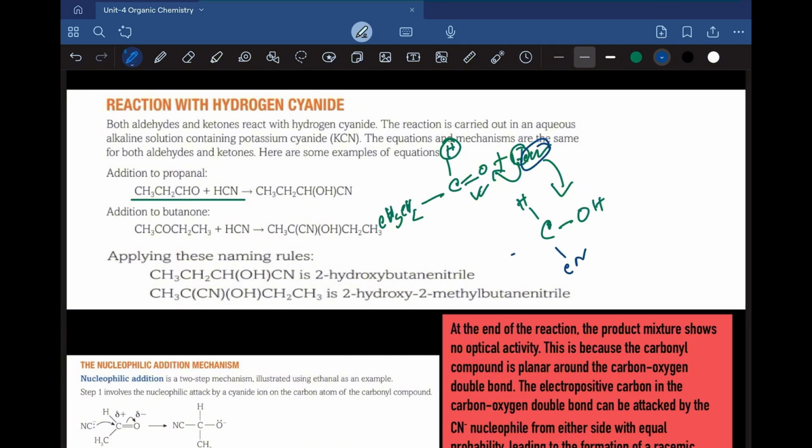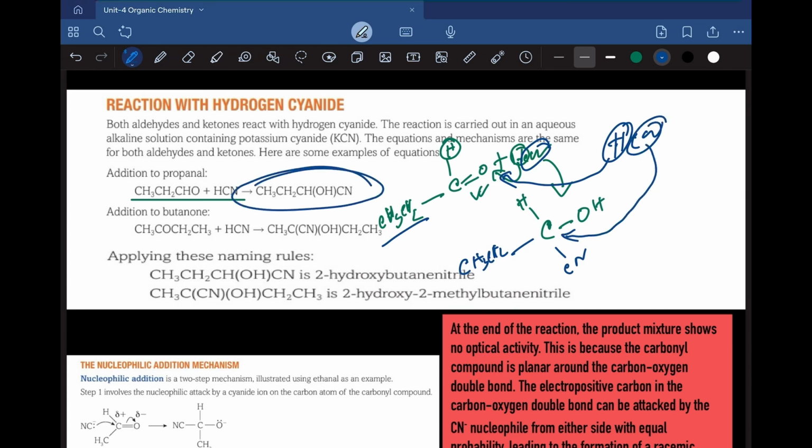And this CH3CH2 will remain just like it. This is how the HCN reacts: out of the HCN, the H goes and reacts with the oxygen, and the CN as a whole comes and bonds with the carbon. This is how it becomes like this.